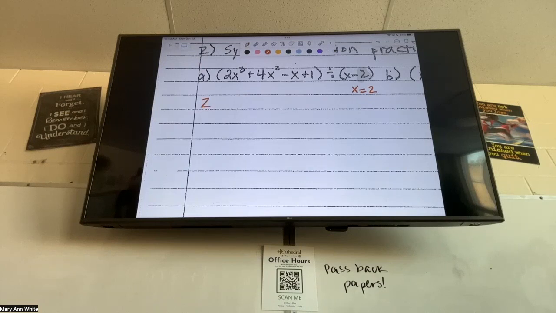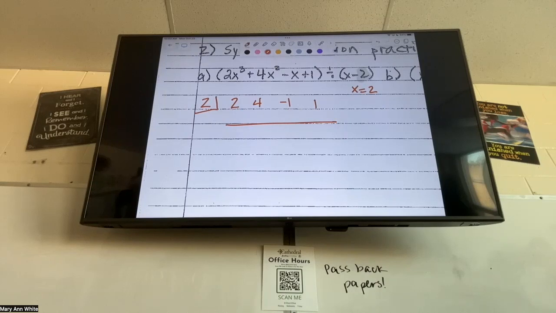So I have to put 2, that factor, in its own little house off to the side. And then I'm going to do all of the coefficients of the expression that I'm dividing by. So I've got 2x to the third, 4x squared, negative x, and 1. I carried all those coefficients down.